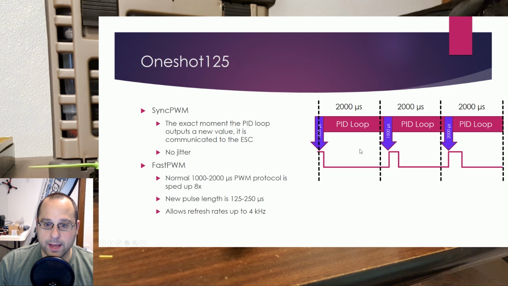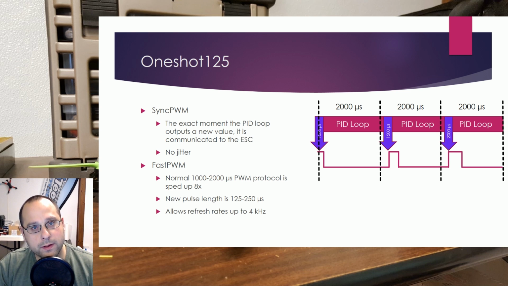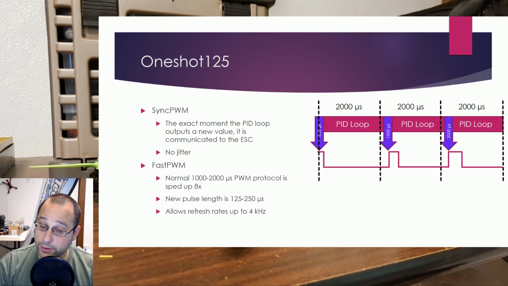In other words, if we go back to this OneShot example, we can see that we could go faster because these pulses are so short. Look at all this dead time here. We could send more pulses in here. We could fit them in. We don't have to, though. We could always go slower. And there's an interesting question of whether there's an advantage to sending shorter pulses slower. We'll touch on that in this one and in the Dshot video.